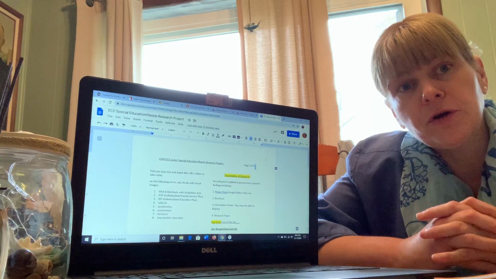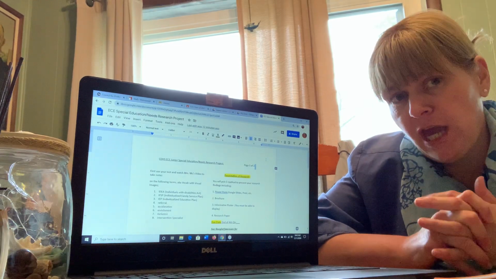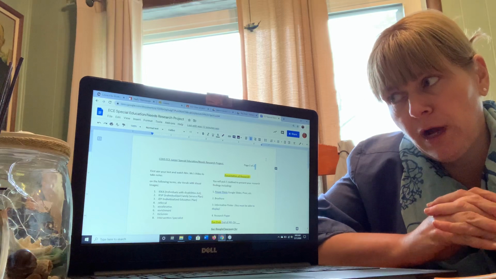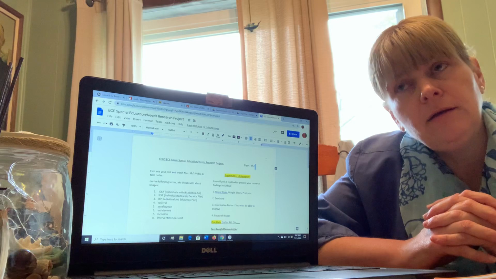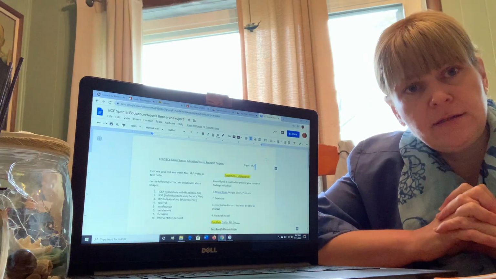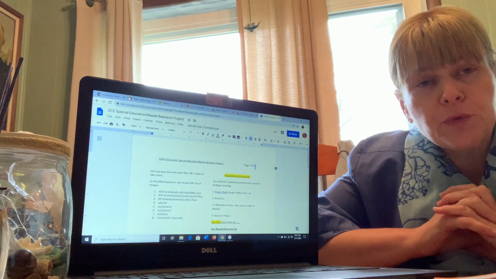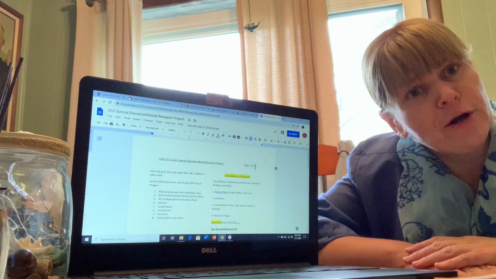Unfortunately, there are other countries that are unable to offer education opportunities for children with special needs. So we are very unique in America that we try to educate everyone, kindergarten through grade 12.